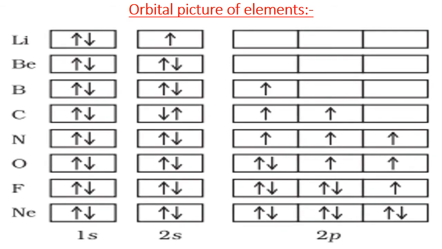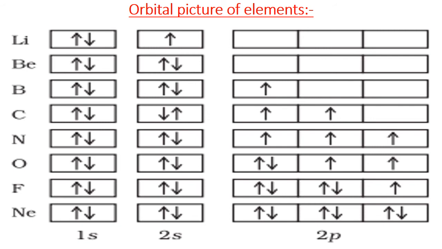Let us discuss the orbital picture of elements. Lithium has atomic number 3, where 1s and 2s orbitals are filled. Beryllium has atomic number 4, where 1s and 2s orbitals are filled. Boron has atomic number 5, where 1s, 2s and 2p orbitals are filled.